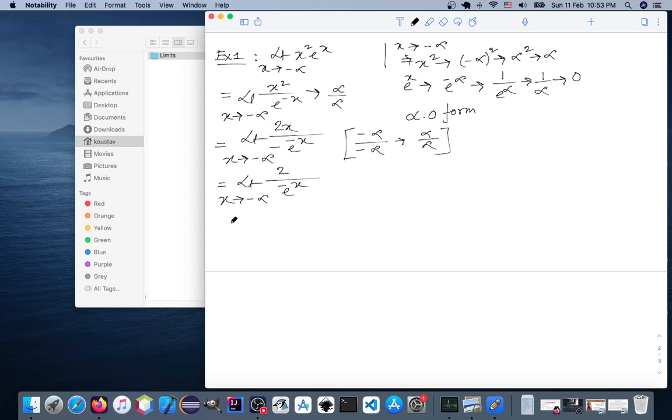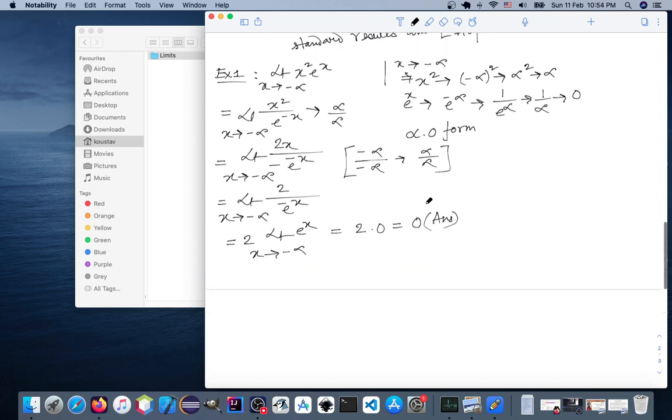So basically if I bring the constant out, limit x tends to minus infinity, this is e to the power x, so this becomes 2 into 0, which is 0. This is the answer.